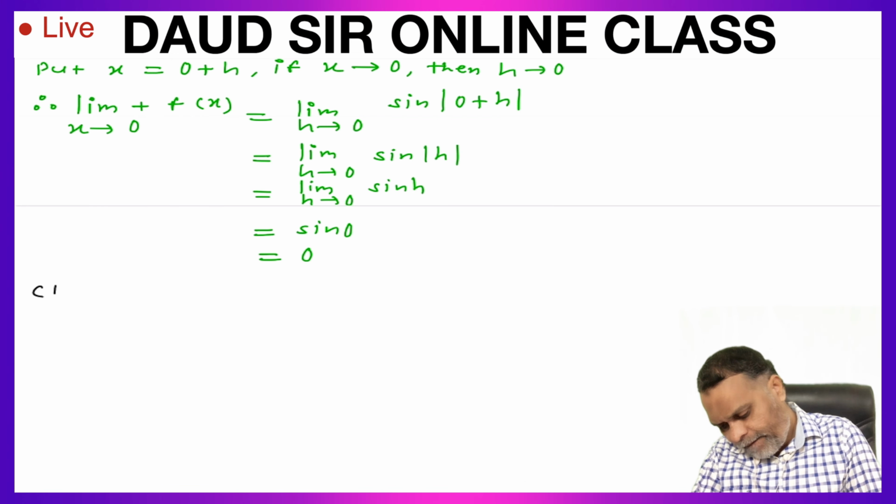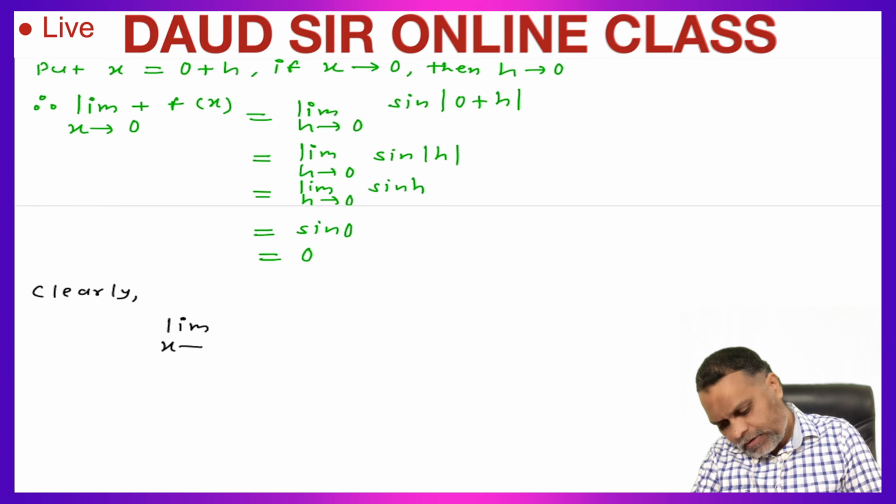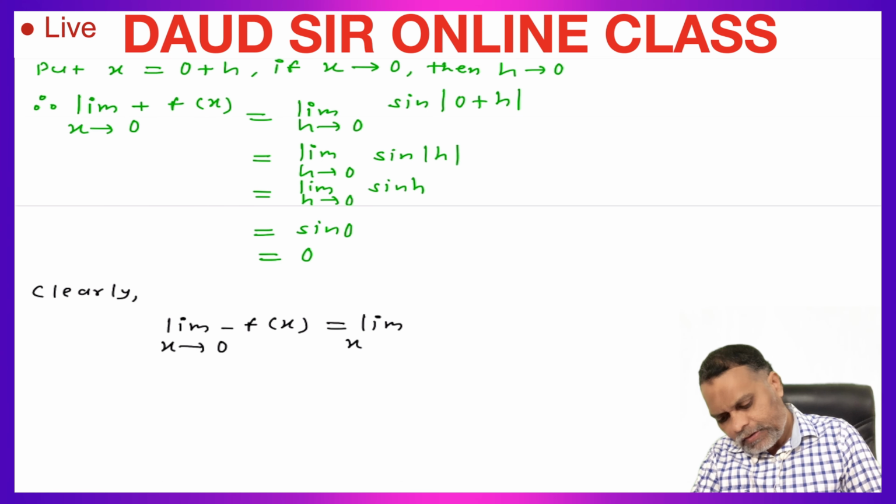Clearly left hand limit is equal to right hand limit is equal to f of 0.